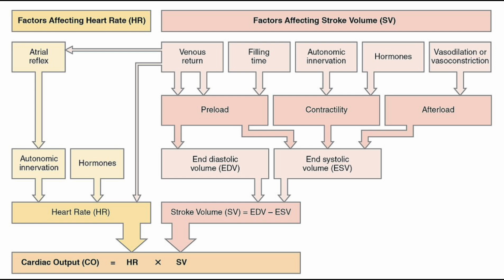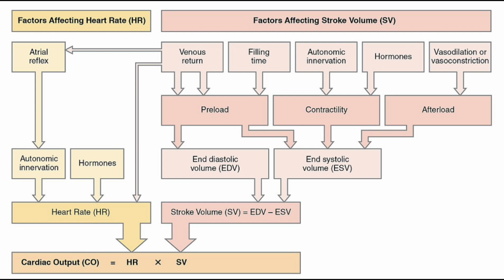Then in contractility, we have seen how the heart's contractility goes up when the sympathetic system is active, hormones like epinephrine, norepinephrine, thyroid hormone or glucagon are released, or where there is more calcium present, and this decreases the end systolic volume, meaning more blood is pushed out and higher stroke volume is seen. Contractility goes down due to parasympathetic stimulus, hypoxia, acetylcholine or higher potassium, that is hyperkalemia, and that increases the end systolic volume and reduces the stroke volume.